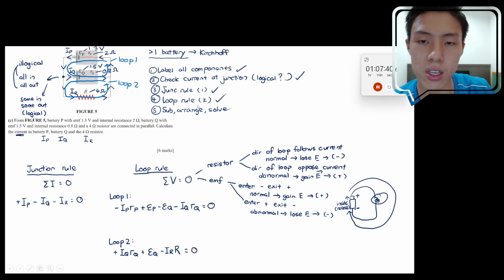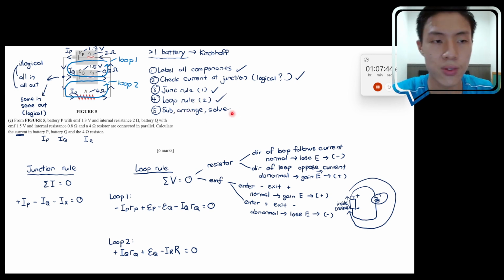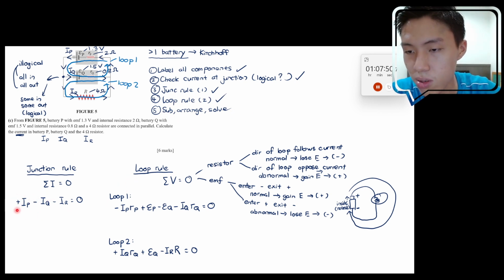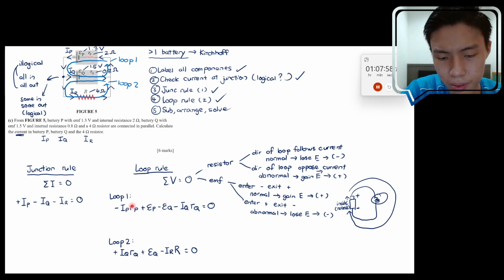Last step, we do our substitution, then we arrange our equation, then we solve it. So how do we substitute? Well, there's nothing to substitute for P, Q, and R. Loop 1, we have R, epsilon, epsilon Q, and RQ to substitute. Let's do it. Negative IP, we don't know.